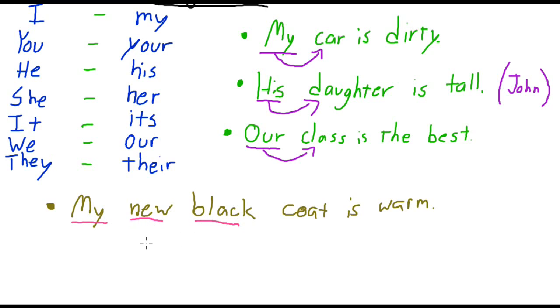All three of those are adjectives. But what is the possessive adjective? Okay, well the possessive adjective in this one is my, correct? My is describing the coat. And honestly, all three are describing the coat, but my is the only one that shows possession. And always the one of possession goes first. We wouldn't say new black my coat, no. We'd say my new black coat is warm.